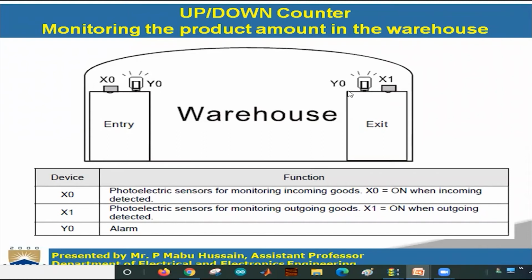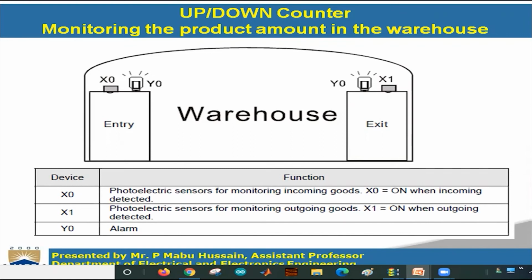Whenever a product comes into the warehouse, the sensor detects it and the counter value is incremented by 1, so the number of products increases by 1. Whenever a product leaves the warehouse, the sensor at the exit detects it and decrements the counter value by 1. This is how the up-down counter will work.